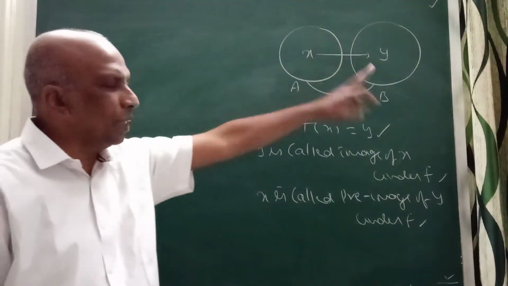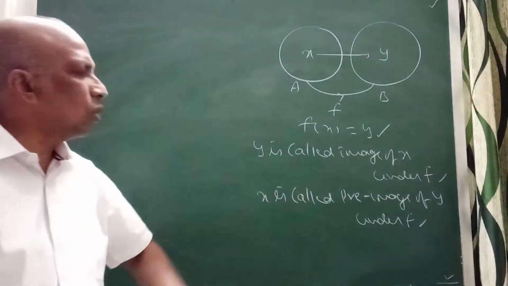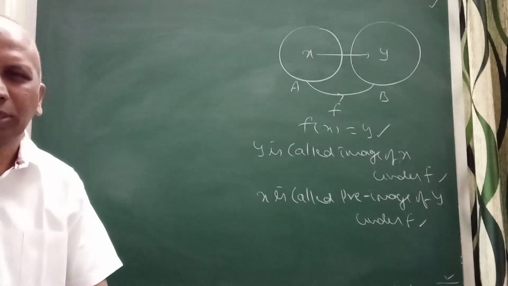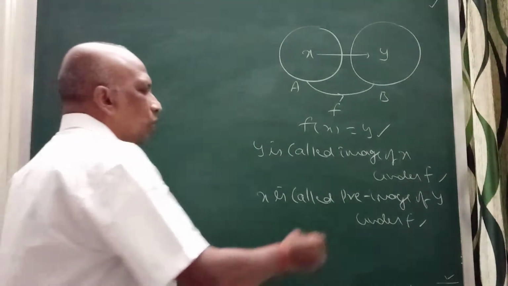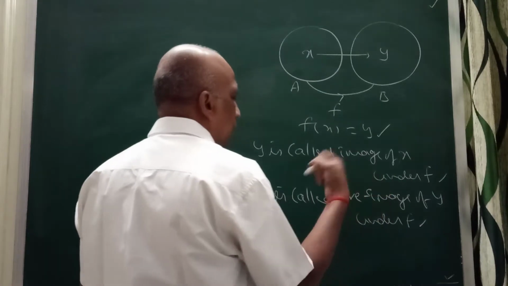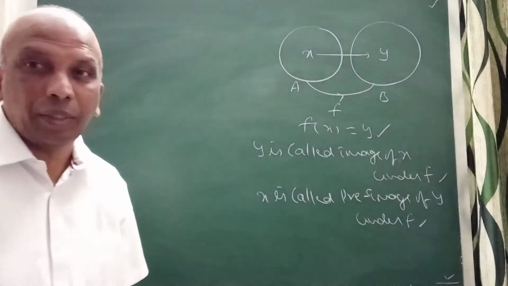So y is called the image of x under F, and x is called the pre-image of y under F.